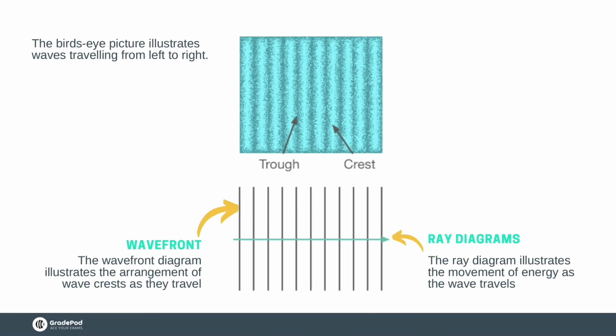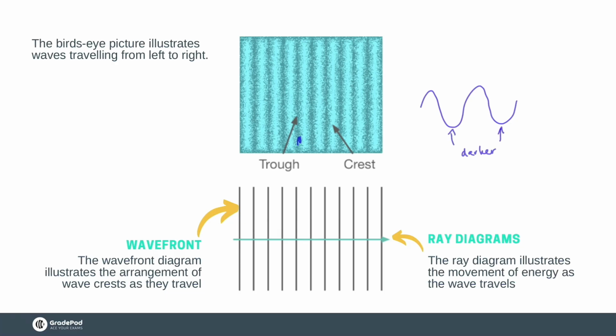Here in the top diagram, we have a bird's eye view of, say, a ripple tank. And hopefully you've been shown a ripple tank in class. So we have the ripple tank from above here, and you can see the darker lines are the troughs of the wave. So the darker lines are these.